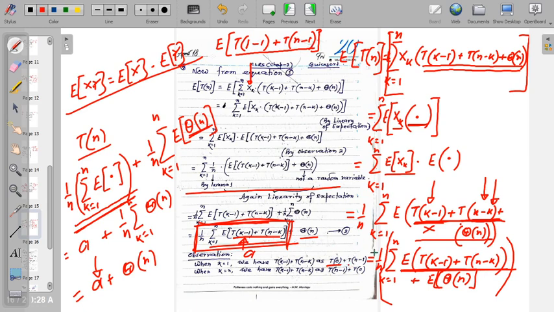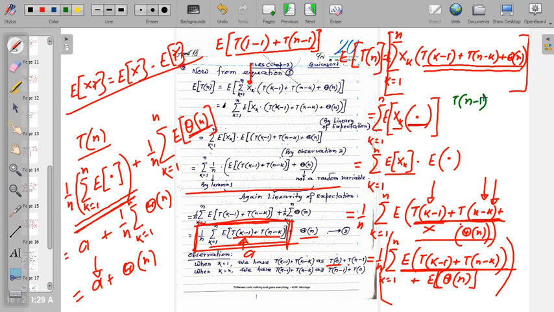Are you getting? If I put k equals to n, then what will be the situation? So it will be t n minus 1, instead of k I am putting n.